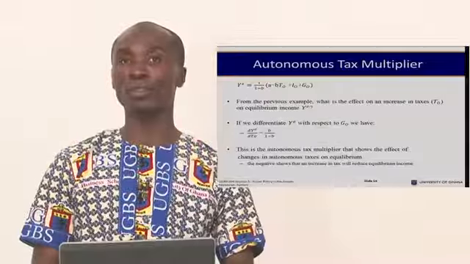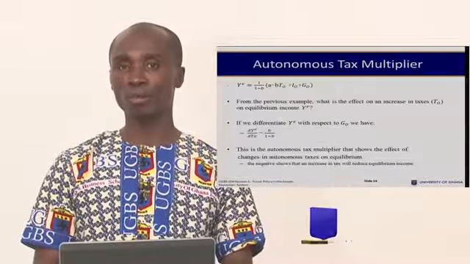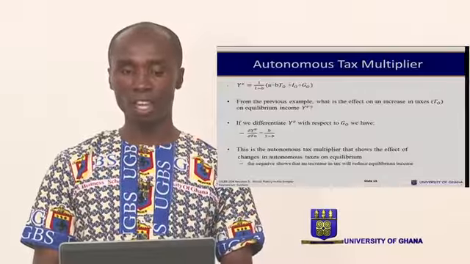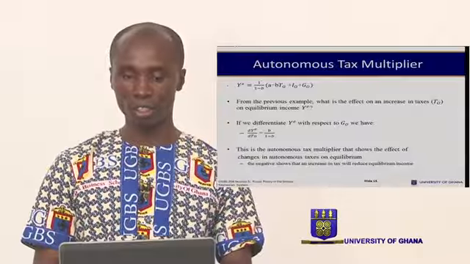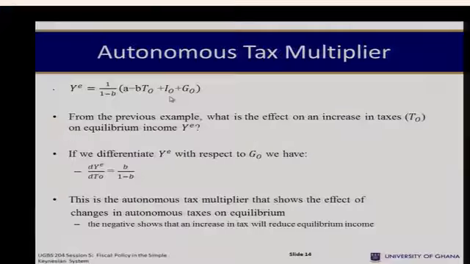That particular multiple is what we call the autonomous tax multiplier. To see how that is derived, we simply have to take the derivative of the equilibrium equation with respect to T0. If you differentiate this expression with respect to T0, we get minus B over 1 minus B. And that's what we call the autonomous tax multiplier.